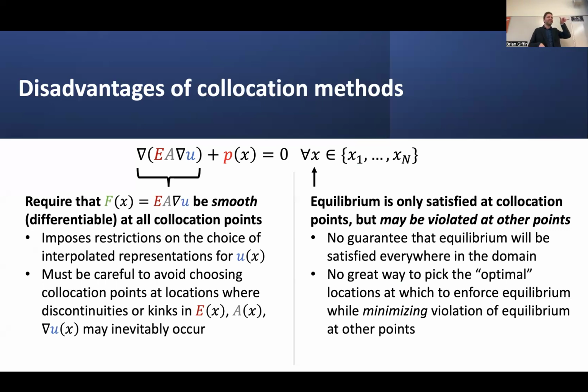Maybe this component is made of steel, and maybe this one is made of some kind of polymer-based material or something like that. If I chose to represent the variation in material property E as a function of position, in other words, I might have something that looks like this.